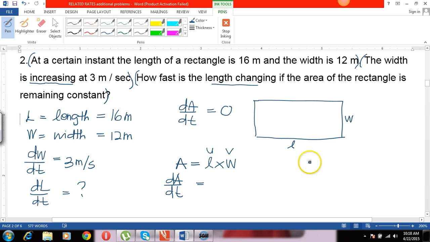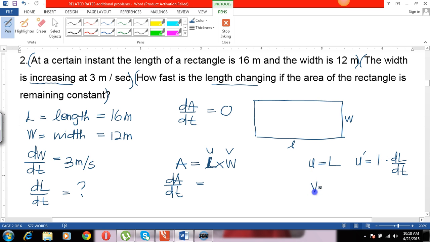If you assign U equal to L, then U prime equal to differentiate L is 1 times dL over dt, the same way as implicit differentiation.